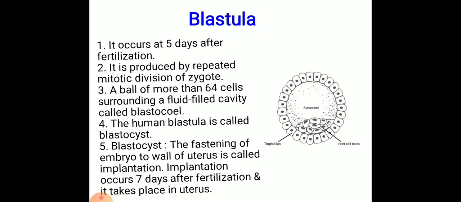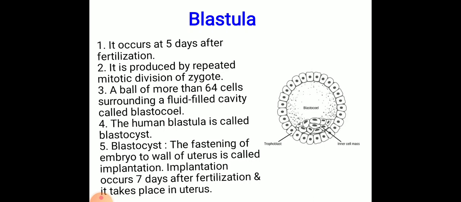The blastocyst, what is it? The fastening of the embryo to the wall of the uterus is called implantation. What is implantation? It is in the next topic, it is there in your syllabus also. Implantation means attachment of the blastocyst to the uterine wall.